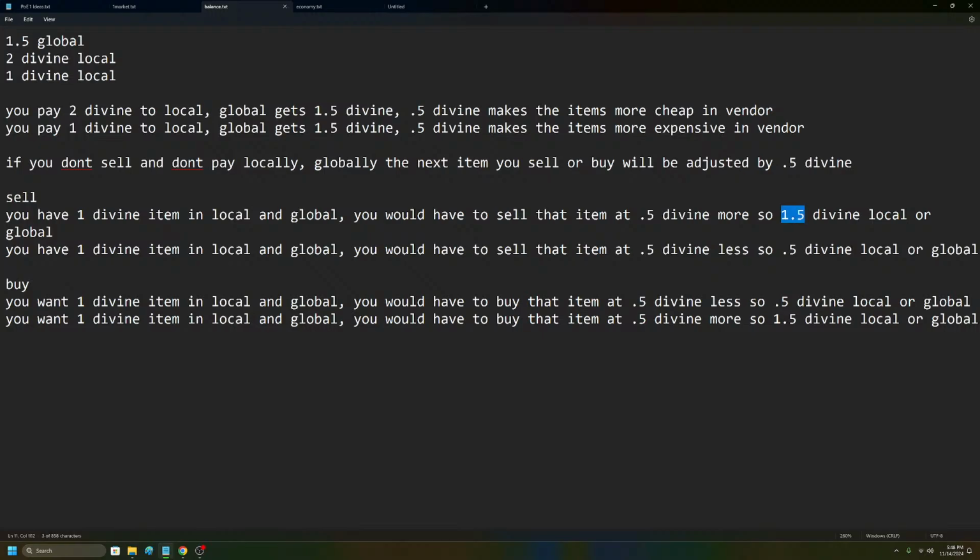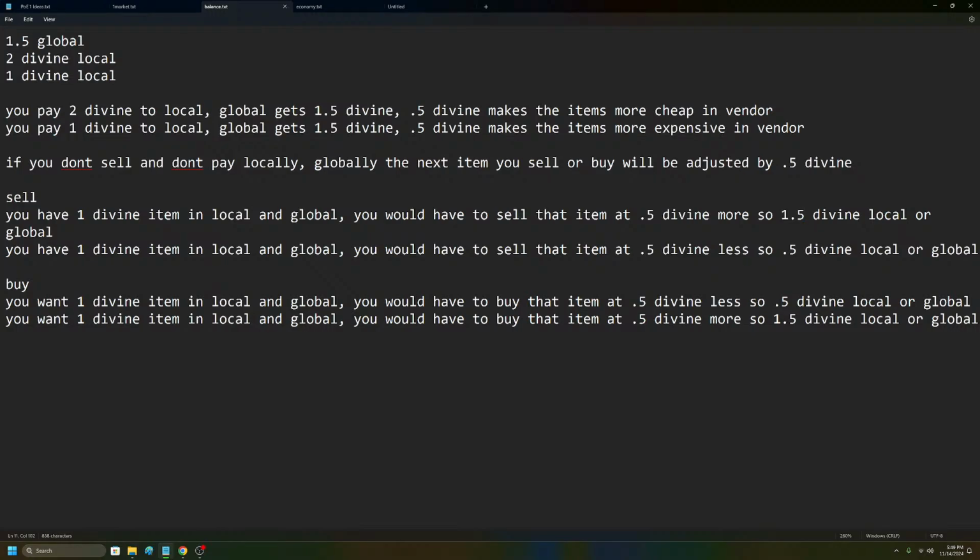So it's not listed globally at 1.5 divine. It's listed globally at 1 divine. And in the vendor window, it wouldn't be 1.5 divine.